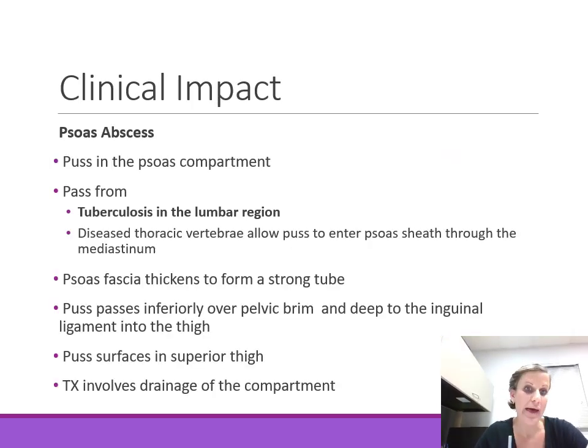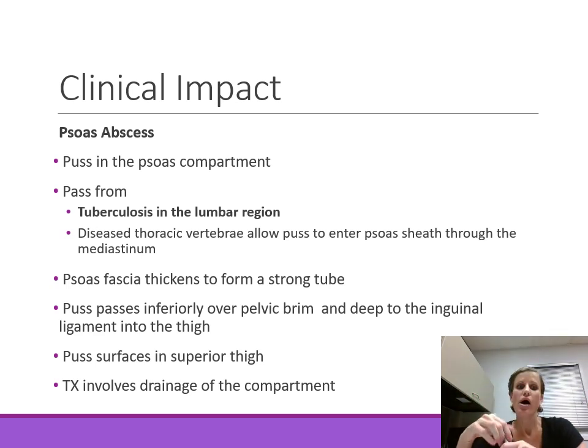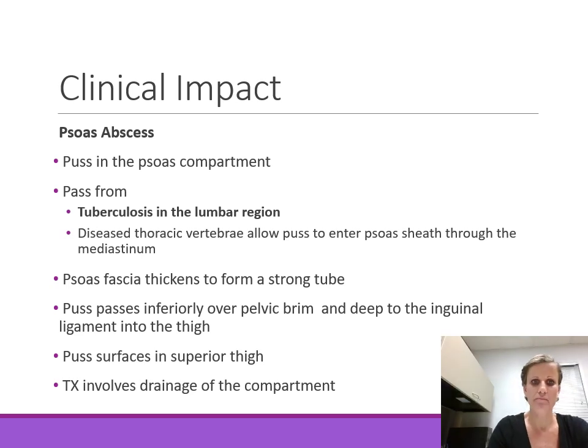A psoas abscess refers to pus accumulation in the psoas compartment. What we mean by psoas compartment is within the fascia that surrounds the psoas. The most common way for psoas abscess to occur is from infection passing from the lumbar region.